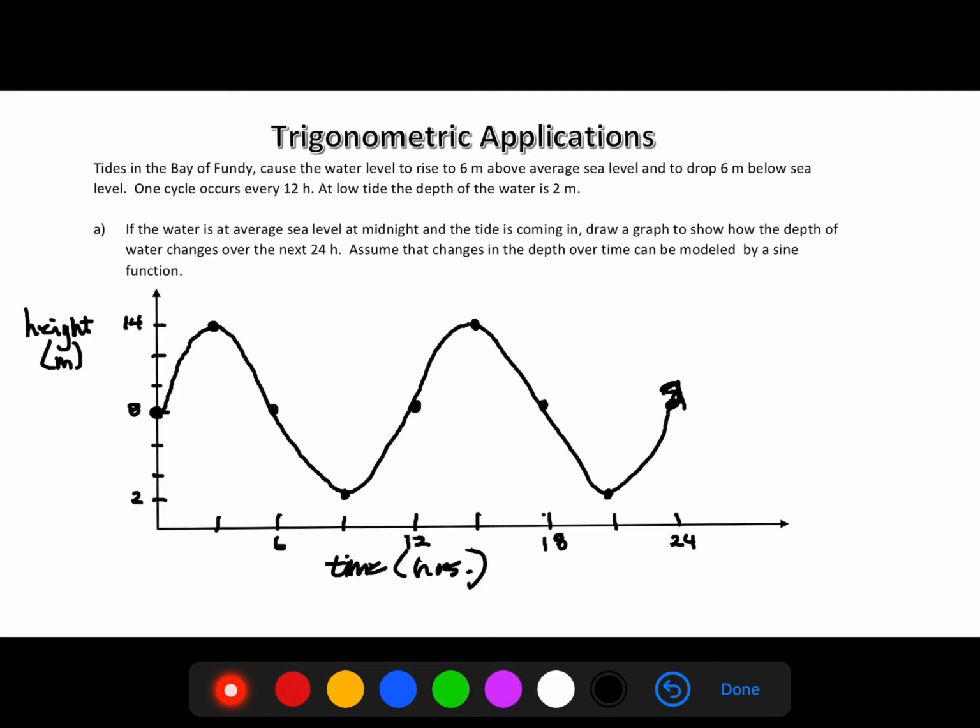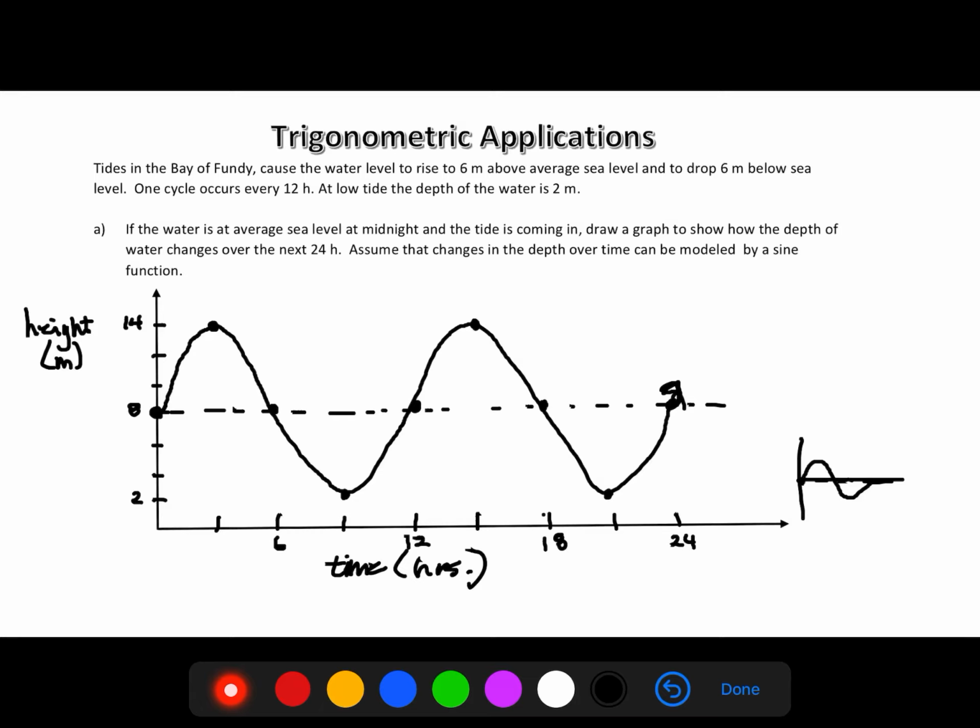The next part is coming up with an equation for the graph. Now we want to compare what we have to what our base sine function looks like. We know that our base sine function starts at the middle and goes up. The x-axis is the middle of our graph, and that's what we want to compare to what we have as well.